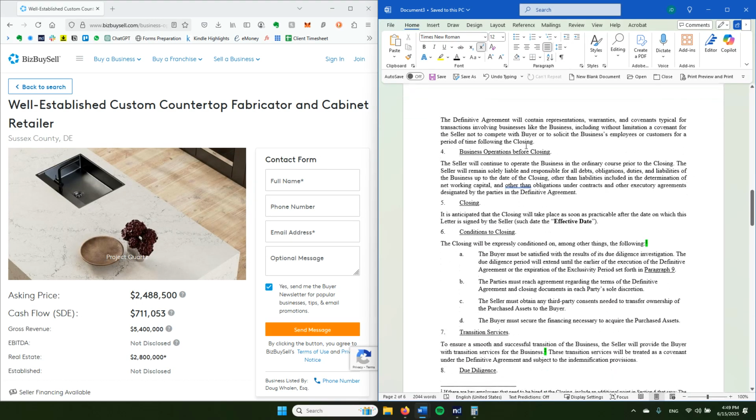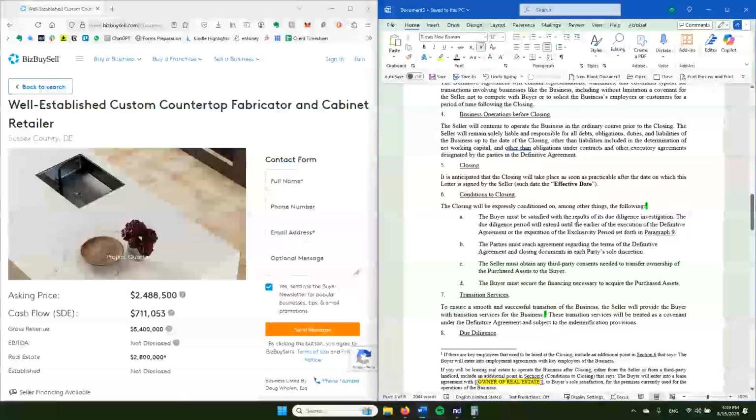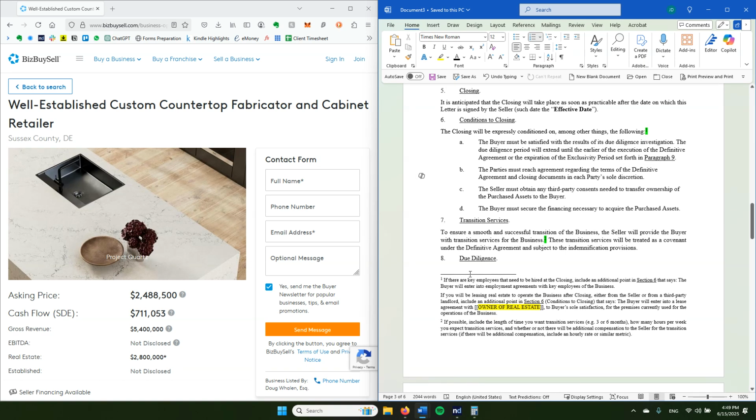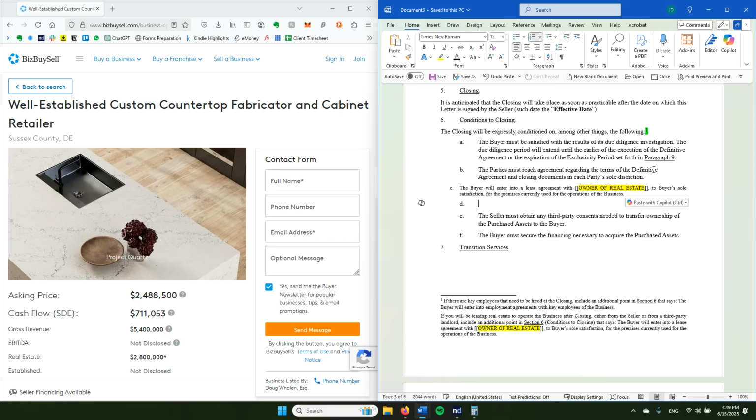All right. So now we just scroll down until we hit the next footnote. All right, here we go. It's a new one, so key employees. Don't think that we have key employees, but we do have real estate that the seller owns, so we'll add that to this list.